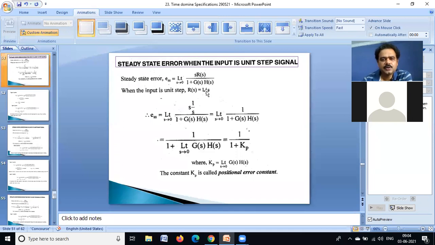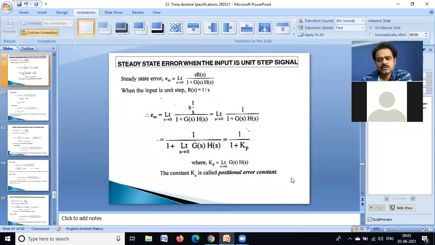So instead of R(s), if we substitute 1 by s, you will get the steady state error as 1 by 1 plus Kp, where Kp is equal to limit s tends to 0, G(s) H(s). This term is called the position error constant.